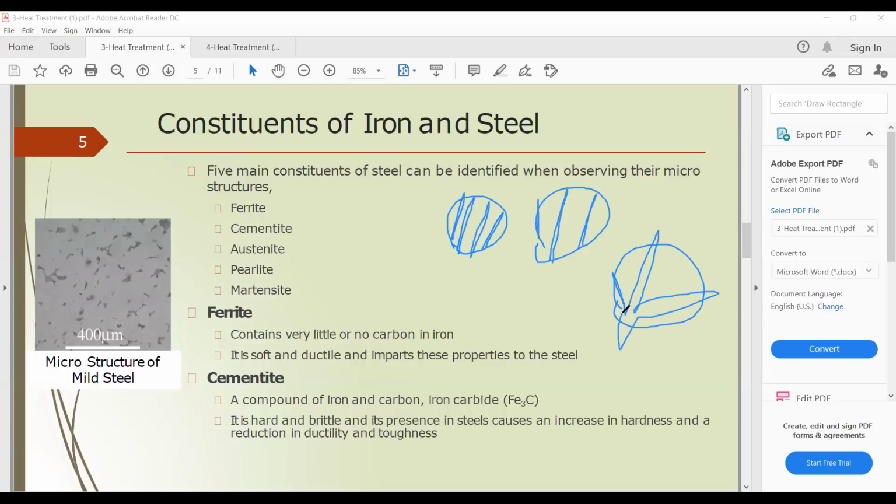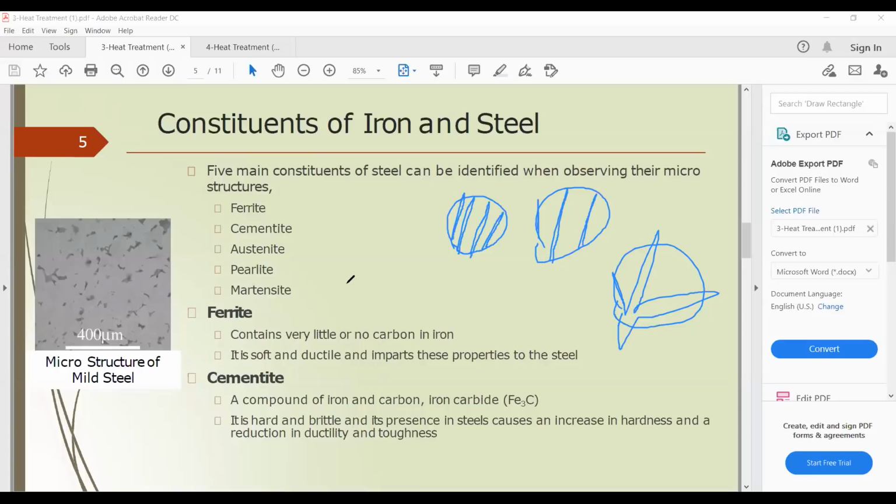You can see the needles, right? So these are the different microstructures of these five main constitutions. According to these different structures, you can classify the constitution.